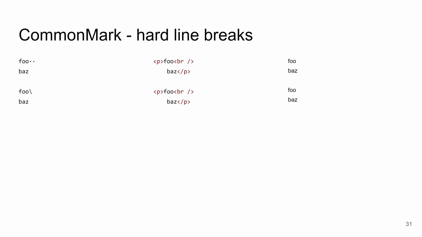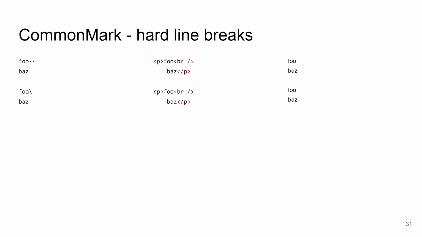But if you need to have a line break there, you can do it in Markdown simply by putting 2 spaces before the new line, or a backslash before the new line. So this is how you do a hard line break in Markdown, and it gets translated into the BR element in HTML.